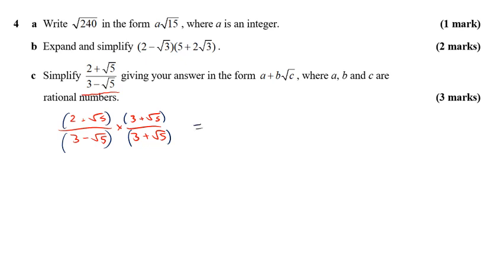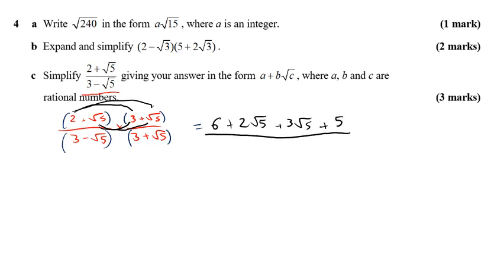So when I expand out my numerator, I'm going to do 2 times 3, which is 6, 2 times root 5, which is 2 root 5, 3 times root 5, which is 3 root 5, and then root 5 times root 5, which is just root 25, or 5.